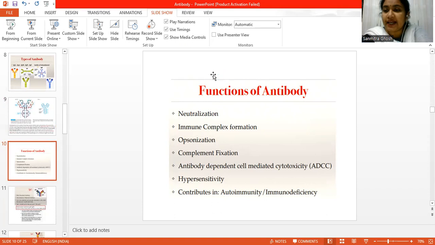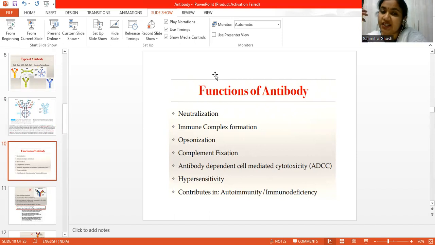Now, this is a general idea about the functions of antibodies. First of all, there can be neutralization. That means the antigenicity or foreignness of the antigen can be neutralized or depleted by interaction with the antibody.